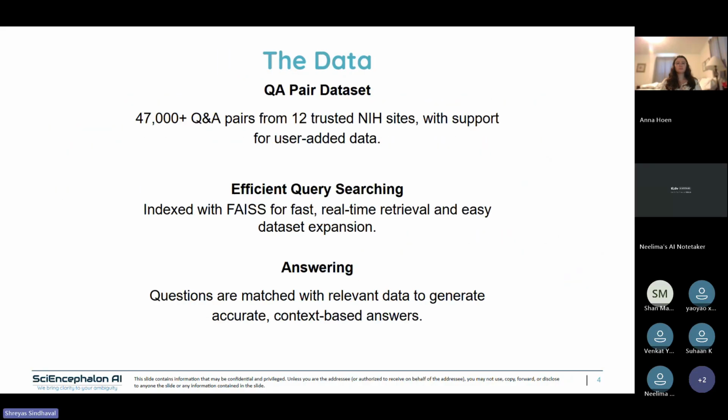So for the actual data, the data is over 47,000 question and answer pairs from 12 NIH websites. And for query searching, we index with FAISS for retrieval, where we converted the data into FAISS and pickle formats to optimize storage and retrieval efficiency for actual querying with scripts.